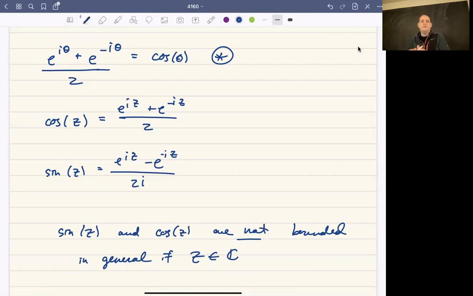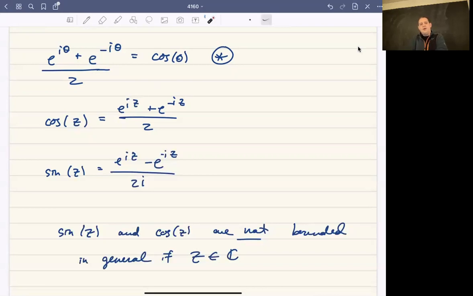What can happen is that, of course, if the input of your sine or cosine, if that argument is a real number, then everything's fine. Sine and cosine will be bounded, because what happens is you'll have e to the i theta, e to the minus i theta. These are points on the unit circle. So their modulus can't be very big, right? They're bounded points. They fit inside some circle of radius r.